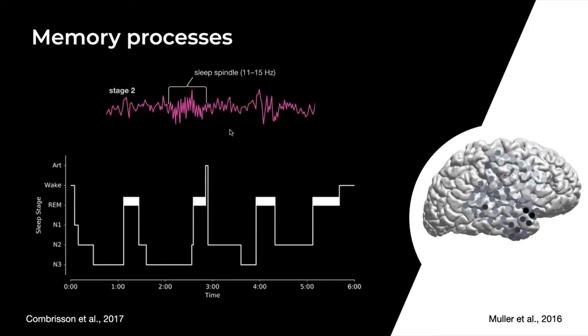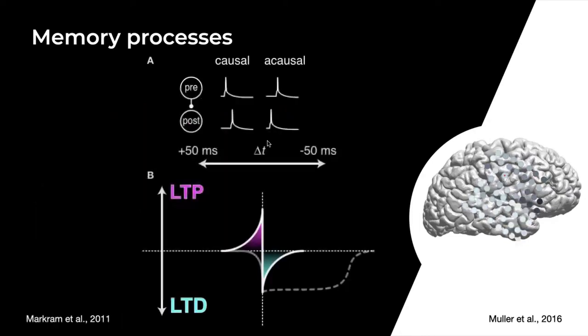Now, sleep spindles have been shown to be crucial for memory consolidation, which is the process of transferring labile memories into the network of long-term memories of the cortex. Typically, memory processes are thought to be mediated by a process called spike timing dependent plasticity.